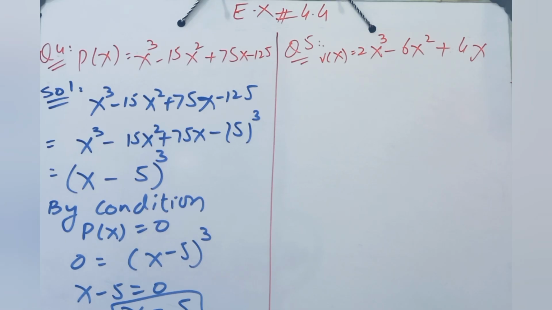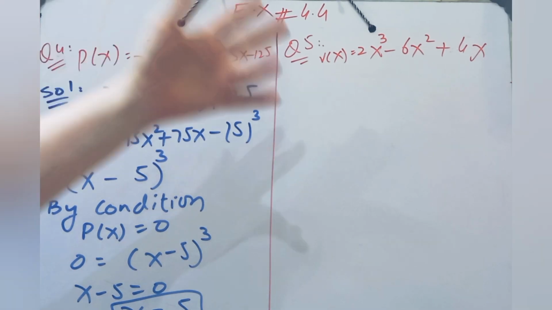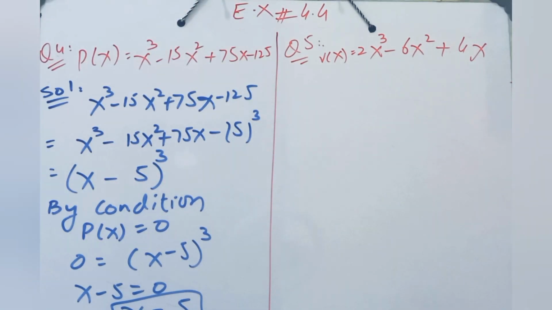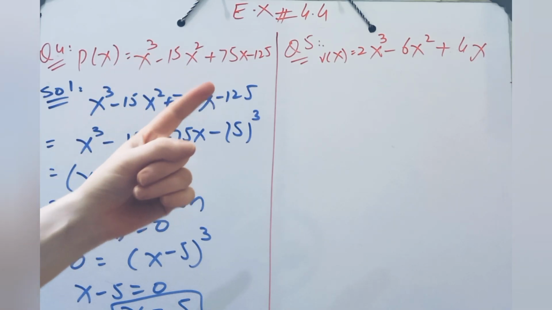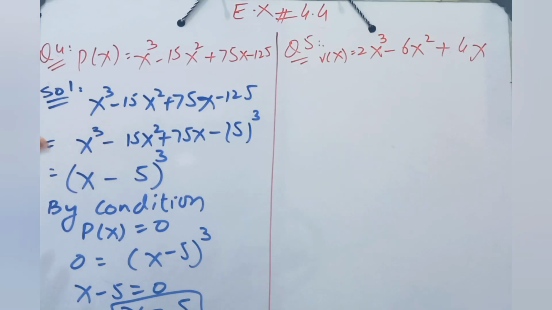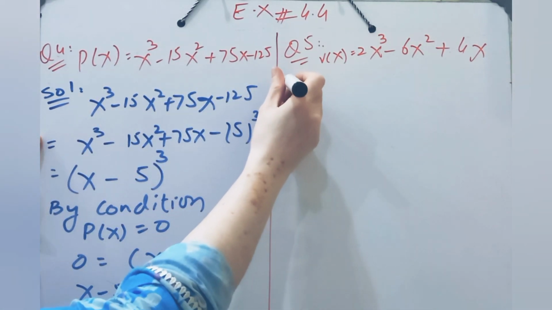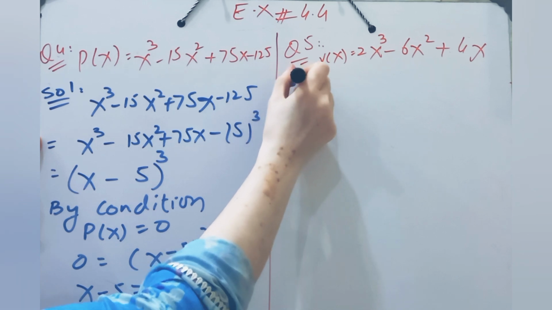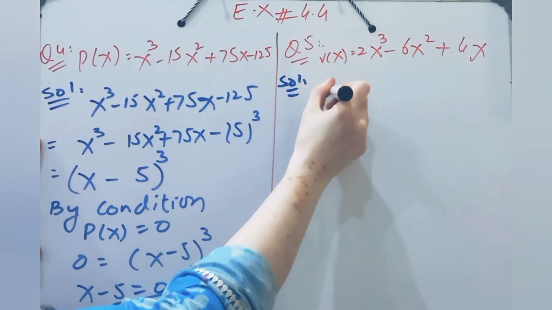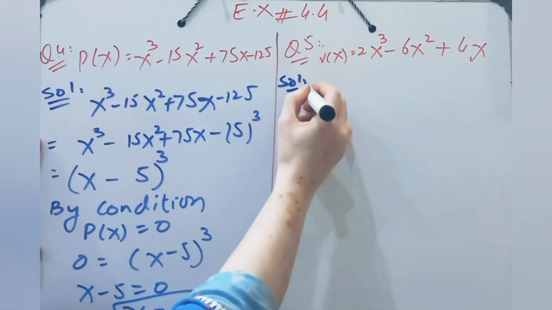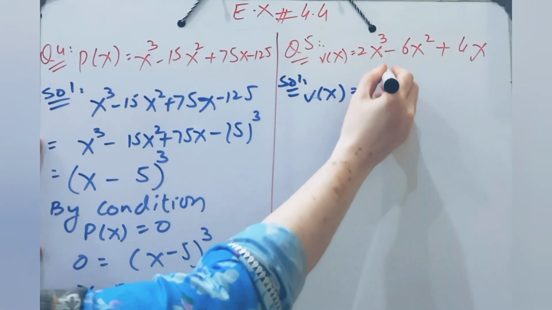So first of all, from this question, we see that some values can be taken as common: 2, 6 and 4 are all multiples of 2. So we take 2 as a common factor. First of all we write V of x equals 2, which must be common.